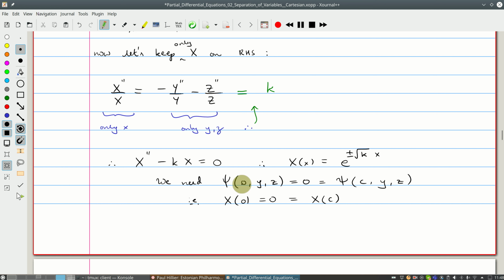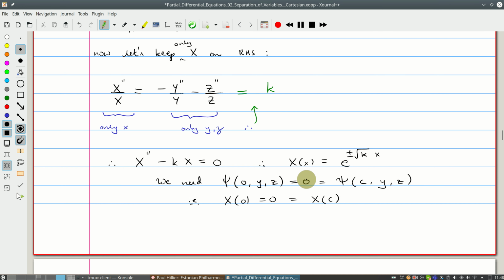Now, the boundary conditions as applicable to the x coordinate only are the only ones which apply to capital X. So psi of 0 with any y and z is 0, and psi of c with any y and z is 0.